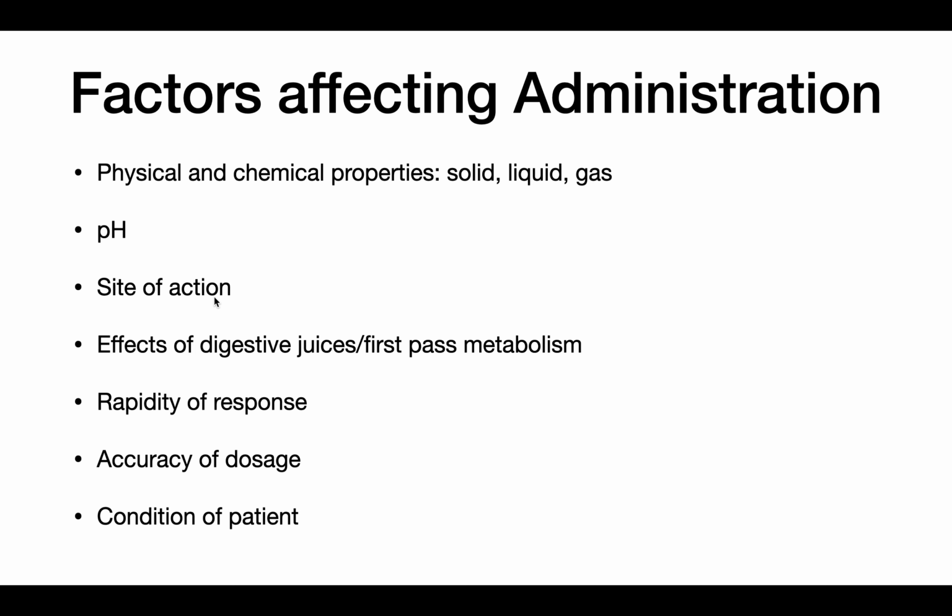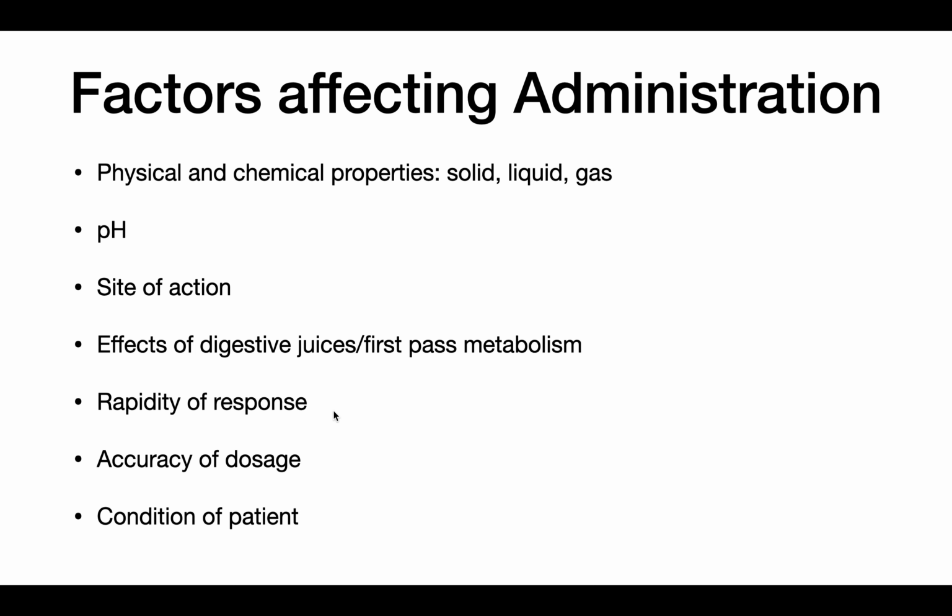Then the site of action, so for an intramuscular injection, where do you inject, usually in the deltoid or the buttocks. The effects of stomach acid also go under the umbrella of pH. And the first pass metabolism, so how the liver metabolizes things.